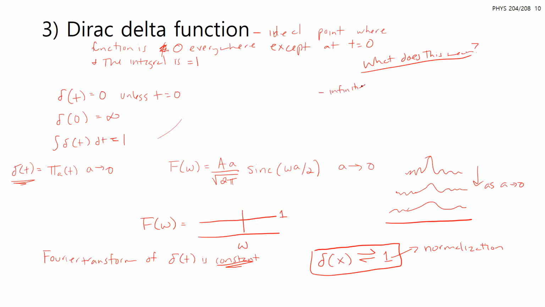An infinitely sharp function in time requires equal contribution from all frequencies. That's what this constant line means here.